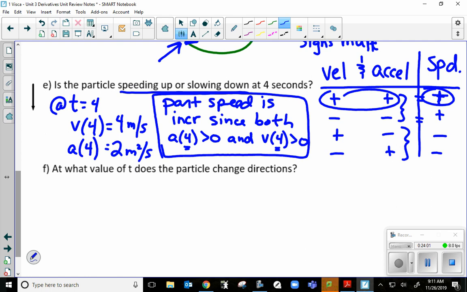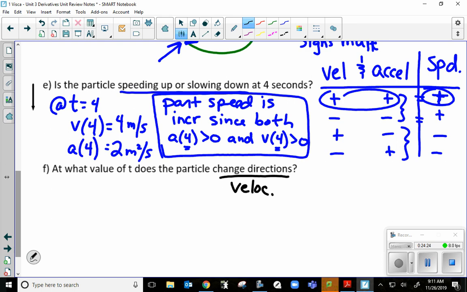All right, now, F. At what time, or what value of t, which is time, does the particle change directions? Okay, how do I know, where can I tell when a particle changes directions? Okay, velocity. Change directions, I know I'm going to need velocity.